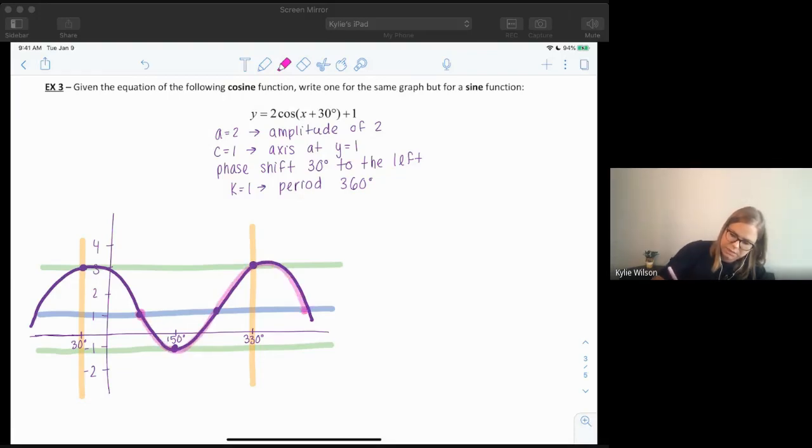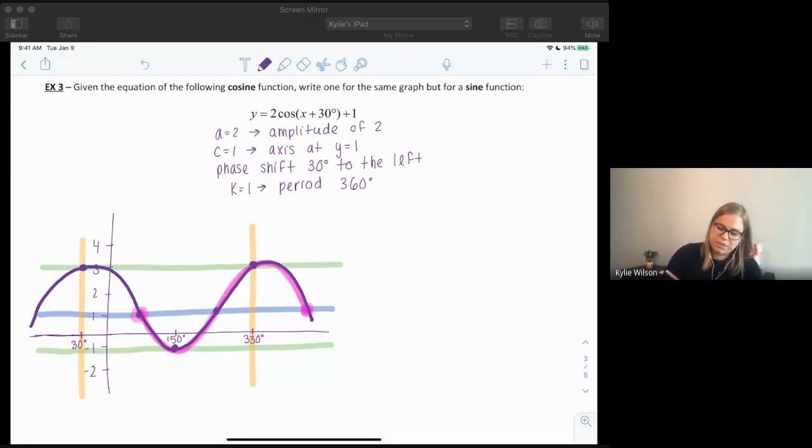So remember, our sine curves always start at the axis and end at the axis. So they go up or down to a maximum or a minimum, then to the other max or min, and then back to the axis. So now let's find the equation of the pink highlighted part.